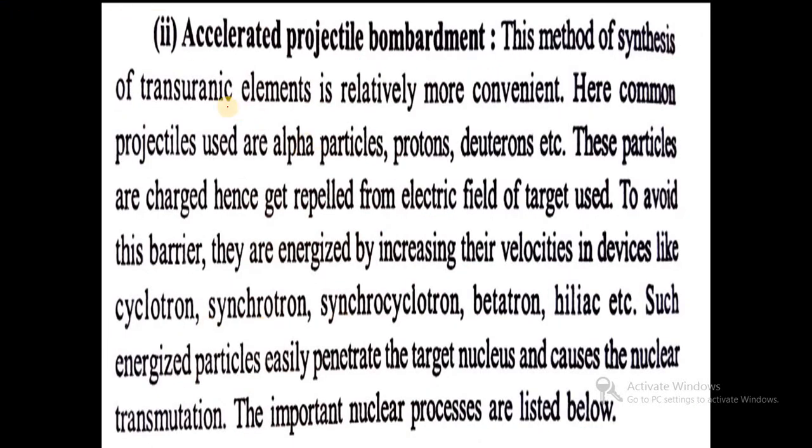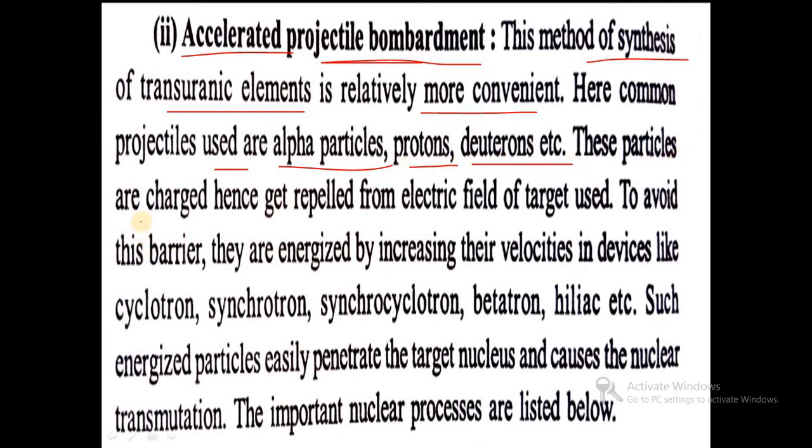Then the second one is the accelerated projectile bombardment process. Here accelerated projectile means machines are used, such as synchrotrons and cyclotrons, to bombard particles on the target nucleus. The method of synthesis of transuranic elements is relatively more convenient by using this process. Here the common projectiles used are alpha particles, protons, deuterons, etc. These particles are charged, hence they get repelled from the electric field of the target.